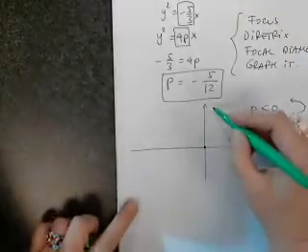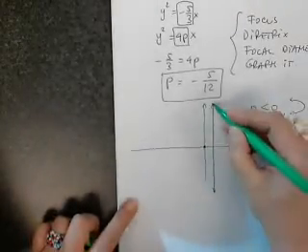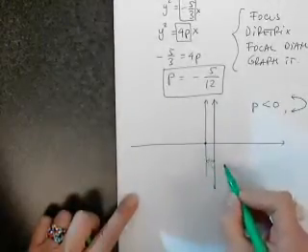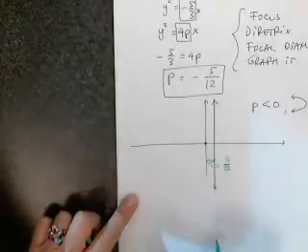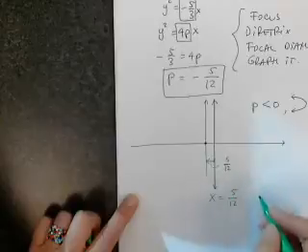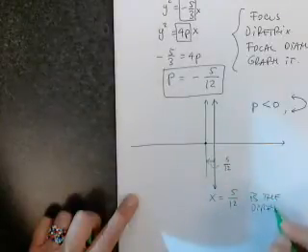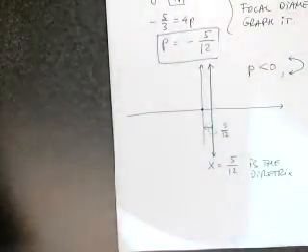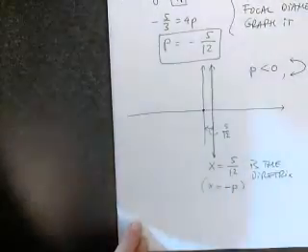Whatever it is, I'm going to graph it here. So I'm going to say that this is 5 divided by 12, and x equals 5 divided by 12 is the directrix. It's x equals negative p.